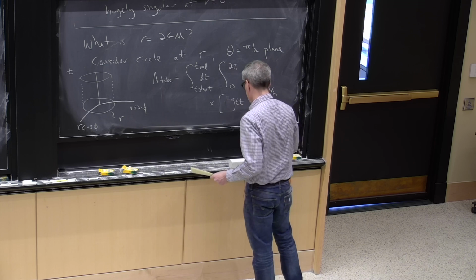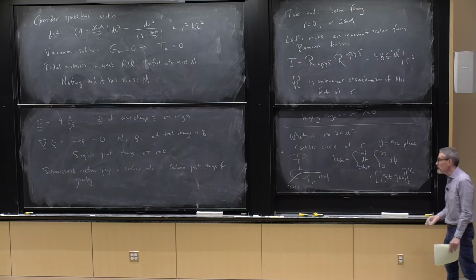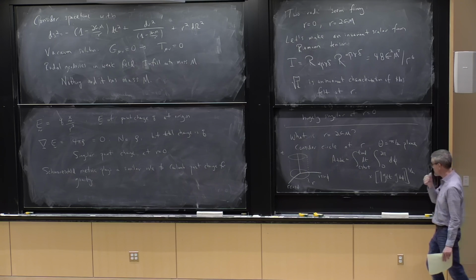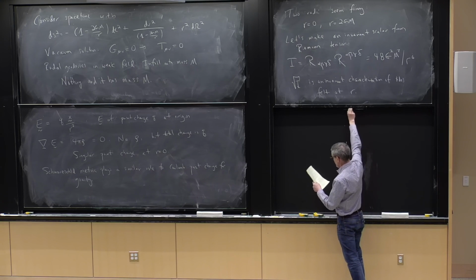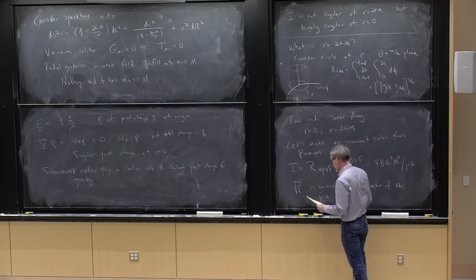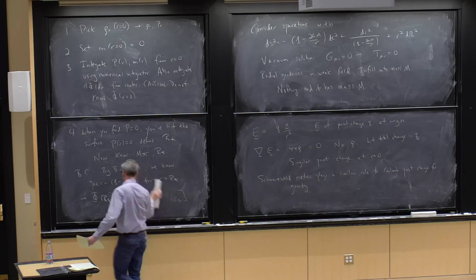Let's write it like this. To remind you how I do this, think of this area element as a 2-volume. Go back to some of our earlier discussion of defining integrals in space-time. And this is the proper area associated with a figure that has some extent in time and extent in angle. Okay, so let's compute that guy.